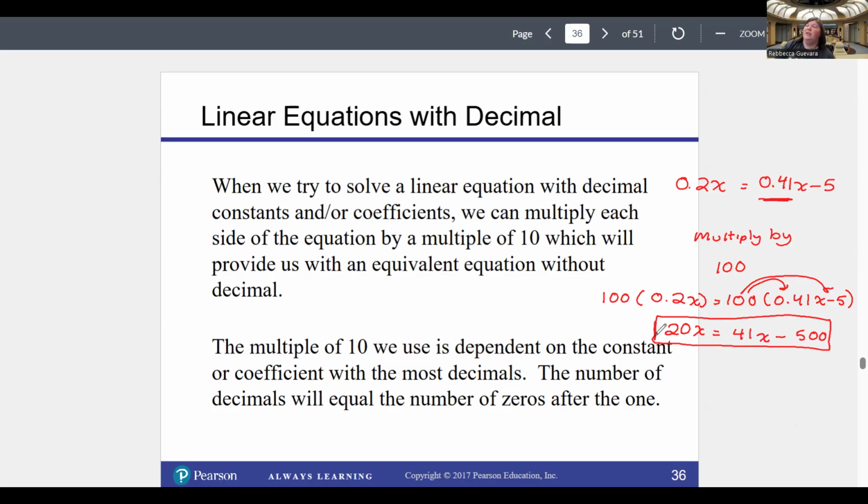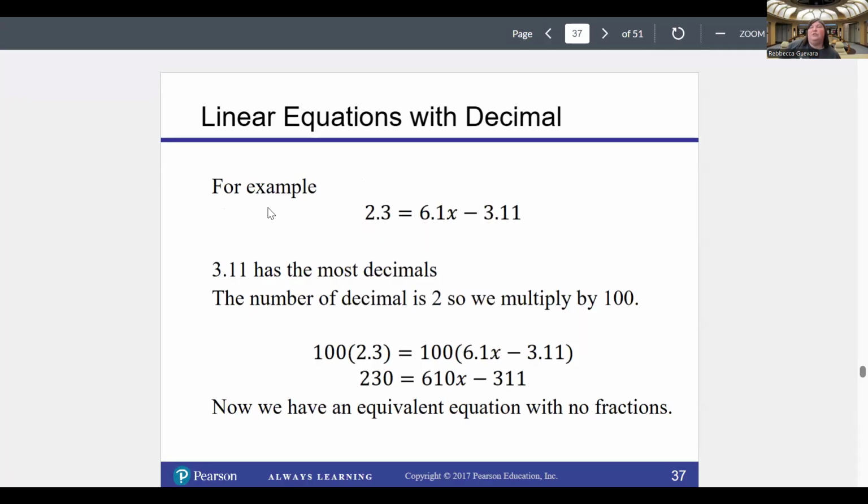So what we're doing is we're just trying to, like I said, work this into something that we're familiar with. This is something we've seen before. This is something that we could easily solve. So very quickly, this is very similar. So 2.3 equals 6.1x minus 3.11. 3.11 has the most decimals, it has 2, so we multiply by 100.